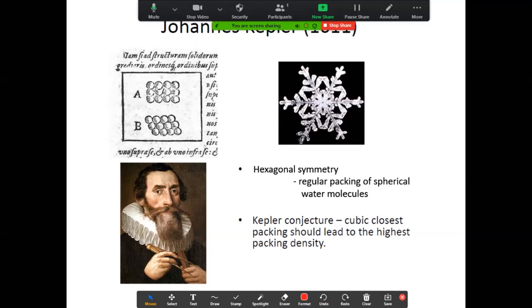Based on his observations, he conjectured that cubic closest packing of a spherical solid should lead to the highest packing density, which means that most of the space is going to contain the spherical solid and minimize the amount of voids in the packing.